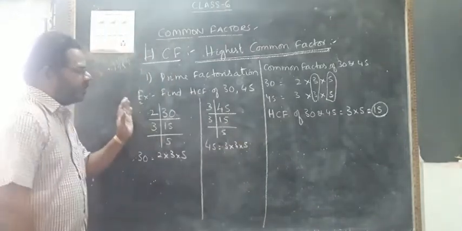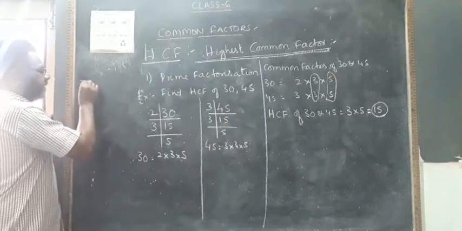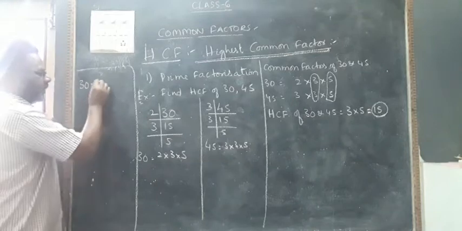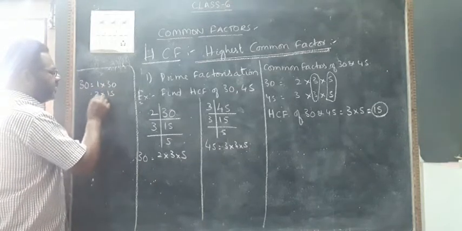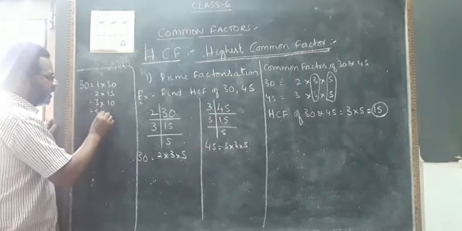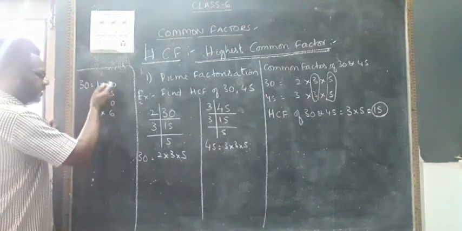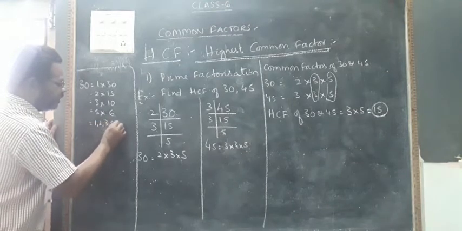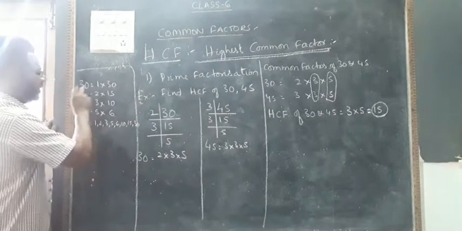Roughly, for checking, the factors of 30: 1 times 30, 2 times 15, 3 times 10, 5 times 6. So 1, 2, 3, 5, 6, 10, 15, 30 are the factors.